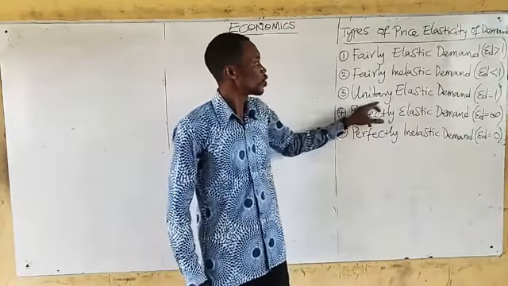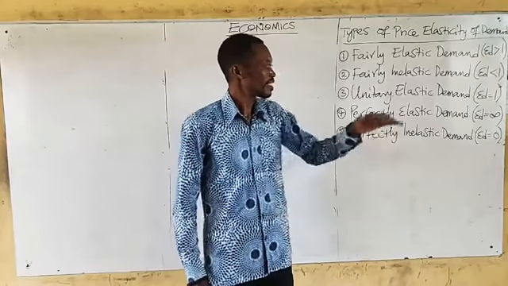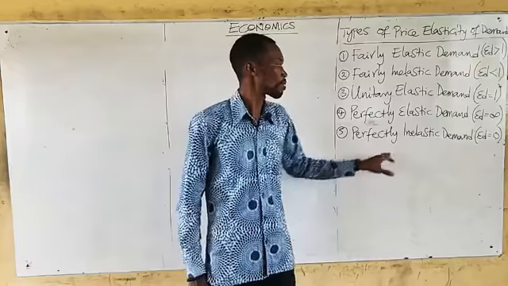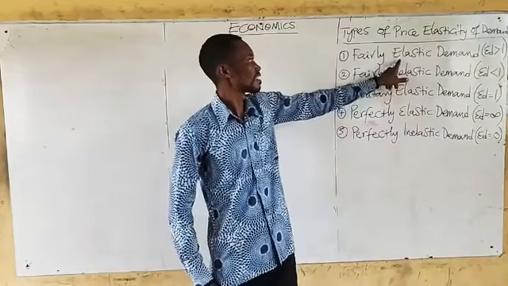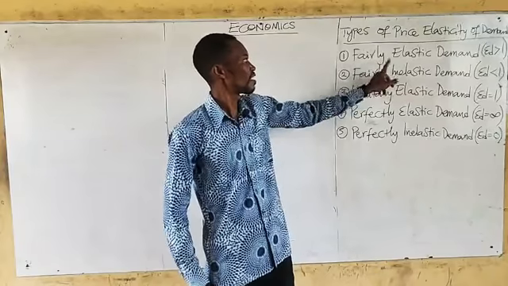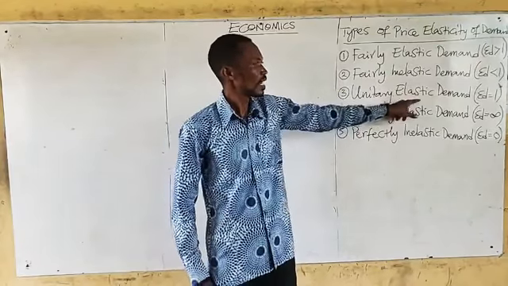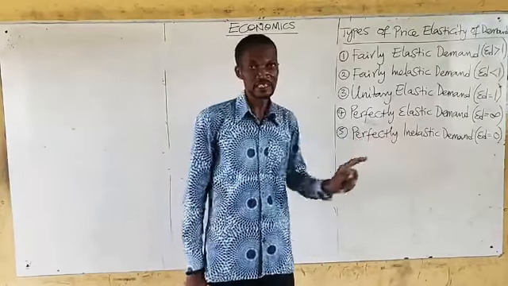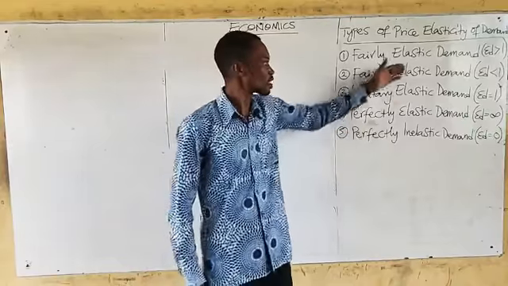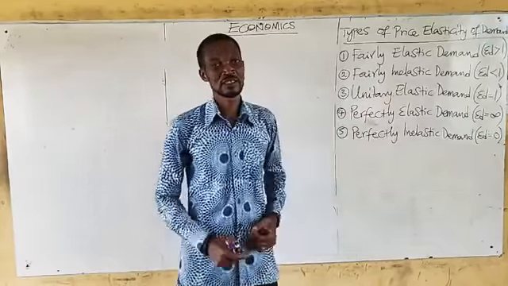Then unitary elastic demand. Then perfectly elastic demand. Then the last one is perfectly inelastic demand. You can note that there's a trend, except for number 3, which is slightly different.